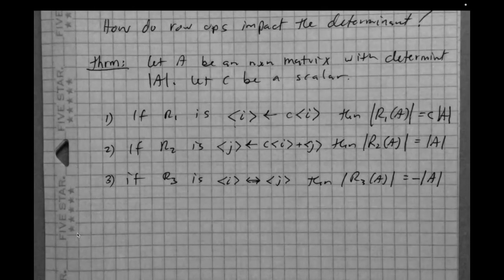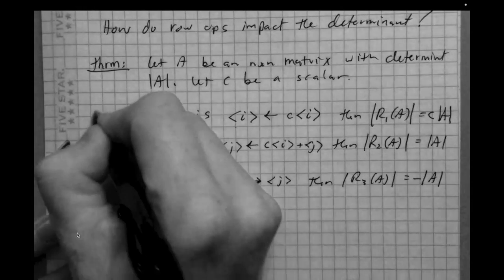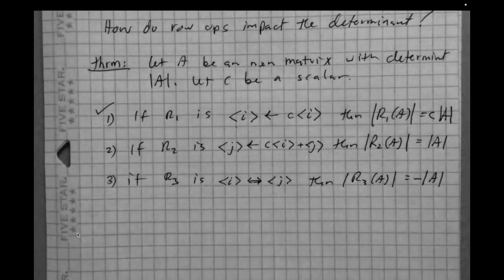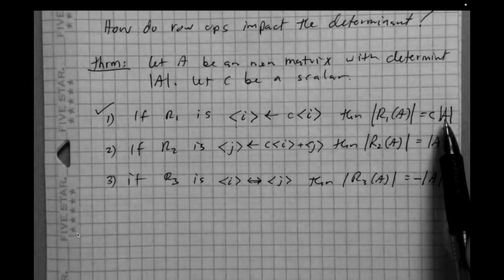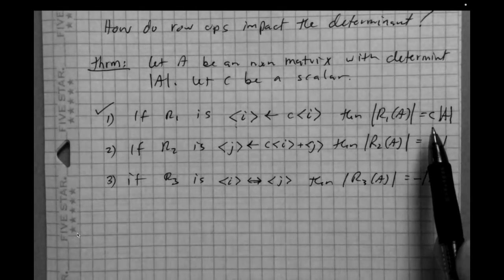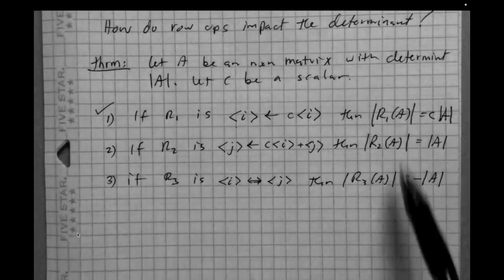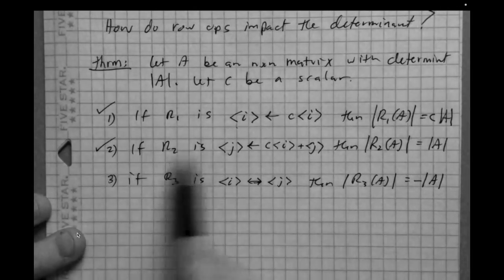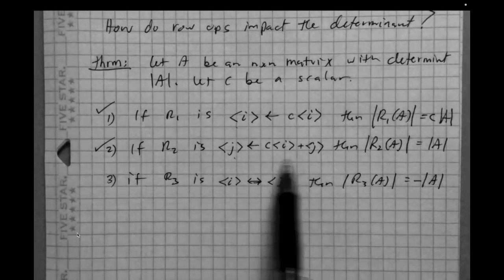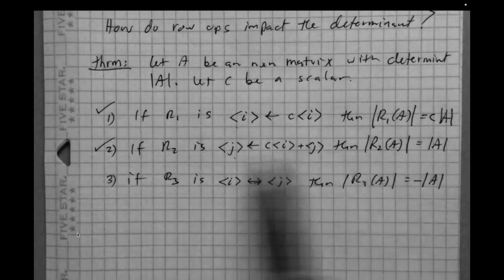So this is interesting. These are all very simple things to account for. Basically, if you multiply a row by a scalar, then you have to multiply the determinant of A by the same scalar to keep them aligned. You get this one for free: it's the one you would think would really screw up the determinant, but it actually has no effect on it, surprisingly.